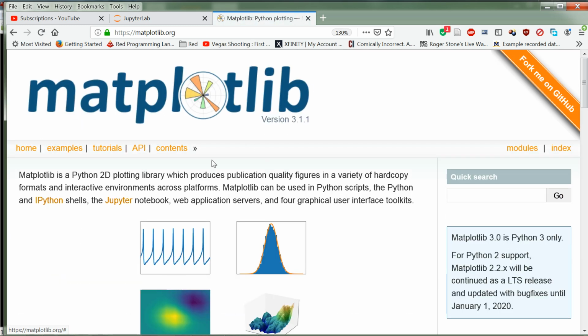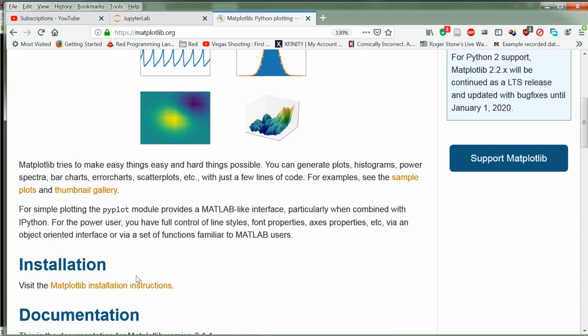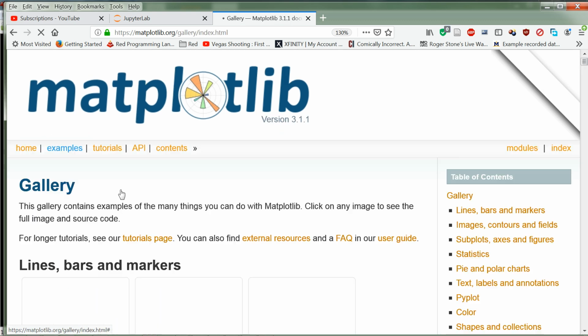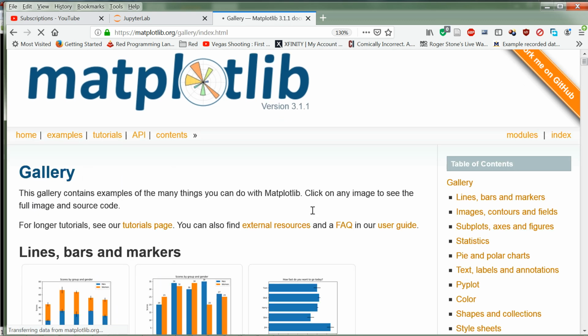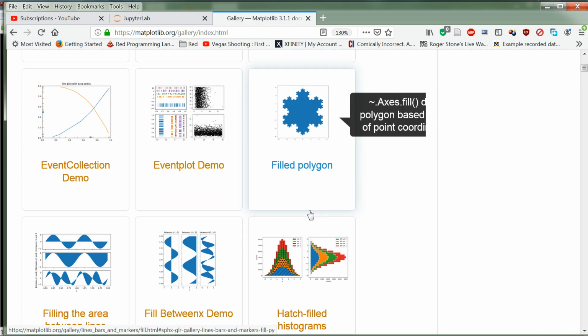And then from this page you can see an introduction to what this program is. But the examples is the interesting part, because under the examples it's a gallery of all the different types of plots that are available in this library. And this is the library that I use.